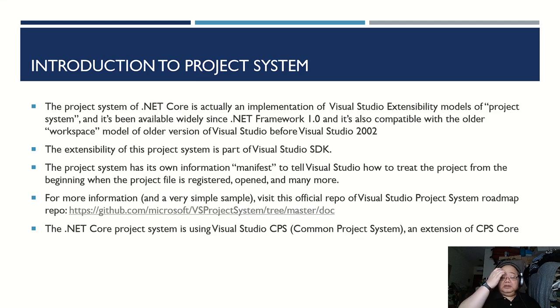Registers in a sense that this only happens the first time you register the type of the project after you finish implementing your project system, and then that binary that you have developed has to tell Visual Studio what's going on when it's open, and many more.